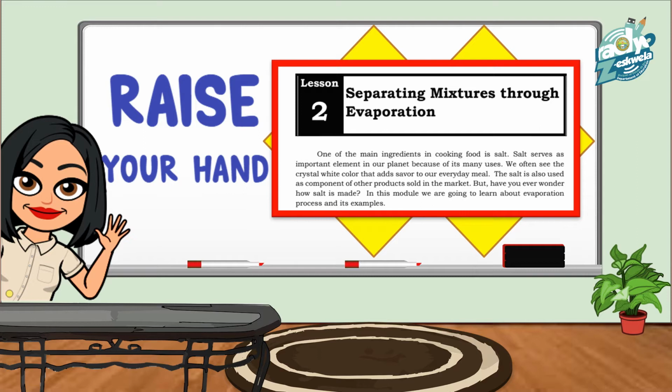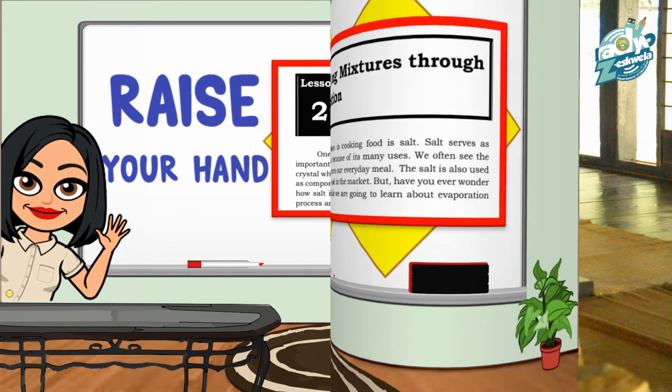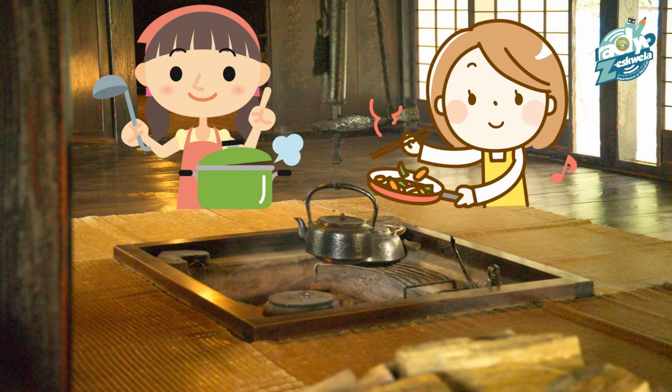Are you all set now? That's good to hear. Who among you loves to cook? Very good. Can you identify some ingredients found in your food? Sure, you know one.